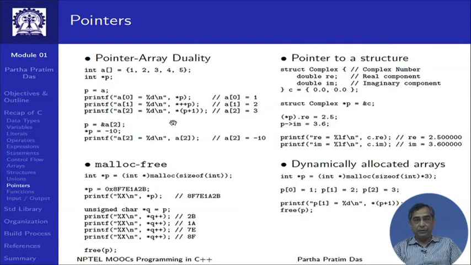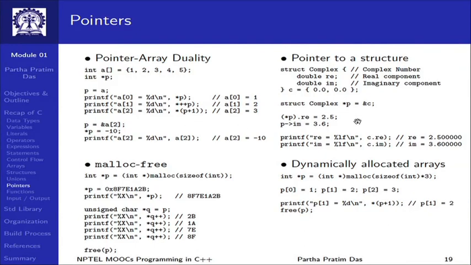Pointers can also be used with structures. If we use that, then we can access the elements by star p, where star p is the structure that it is pointing to, and dot re is the component of that structure. This can be shortened by a dereferencing operator as given in C, you know all this, so we will skip that.